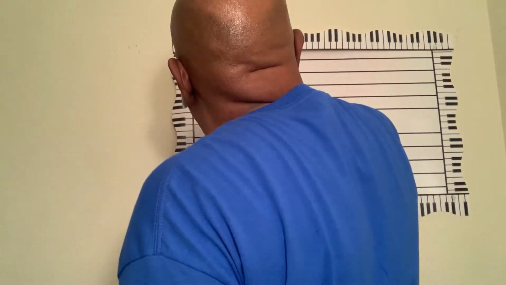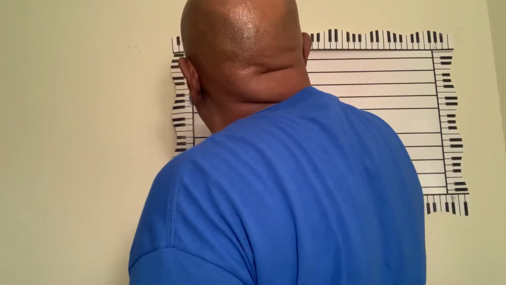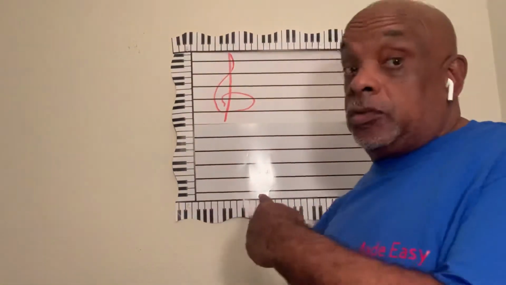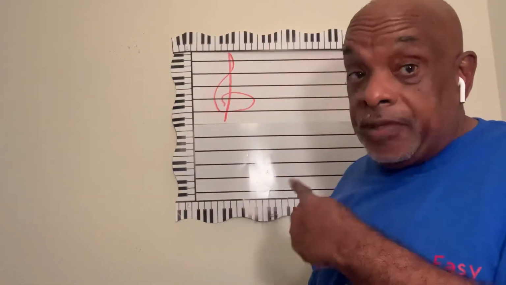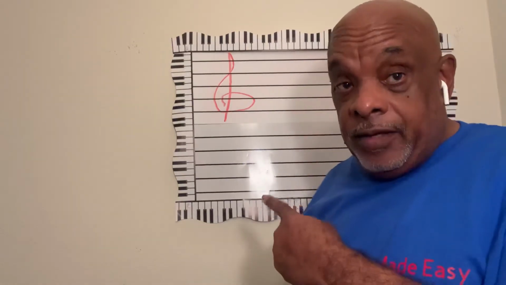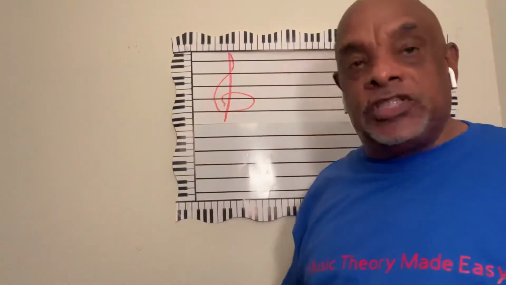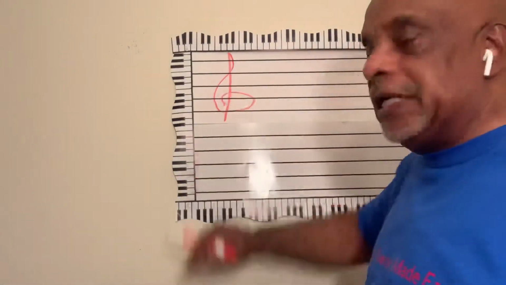The reason it's called the G clef is because it circles or crosses the G line. Now, see, I told you it took me a couple of times to put that thing up there. I never could get that thing right. But anyway, it's called the treble or the G clef because it crosses the G line.